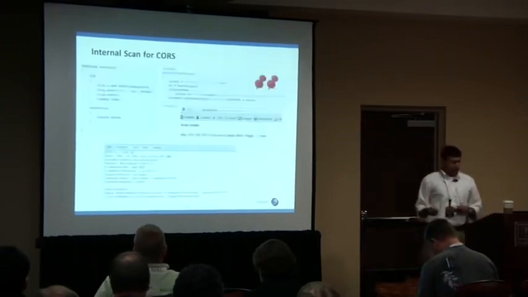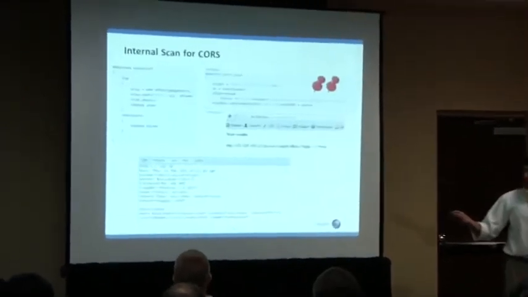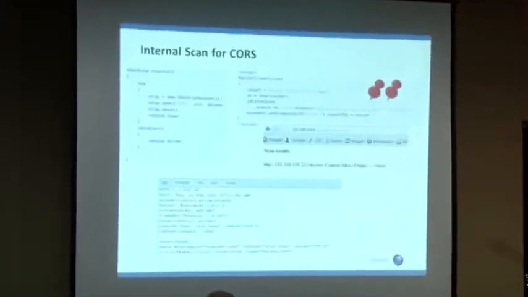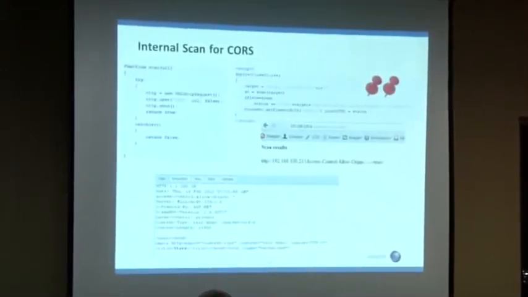So for example, over here, using XHR, we can do an internal port scan. Say, which ports on your internal systems are open. Now when we find any of these ports, we can check whether Access-Control-Allow-Origin is set to star or not, whether it's set to true or not. If it's true, then you can start crawling that internal site.